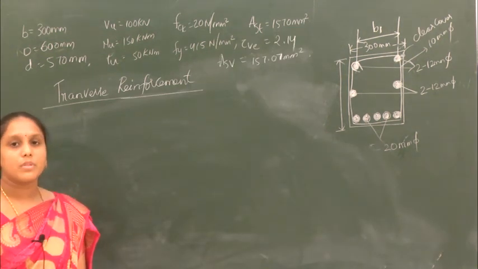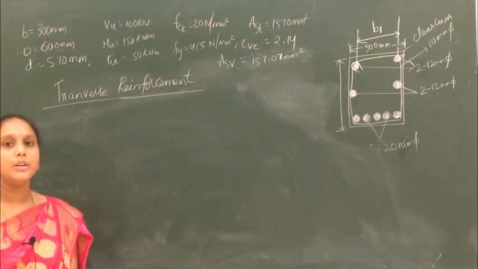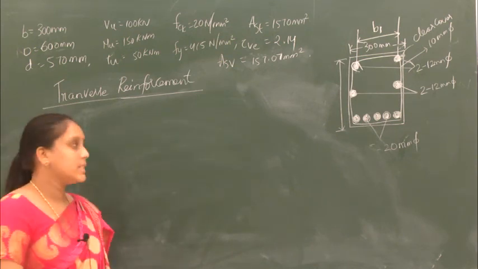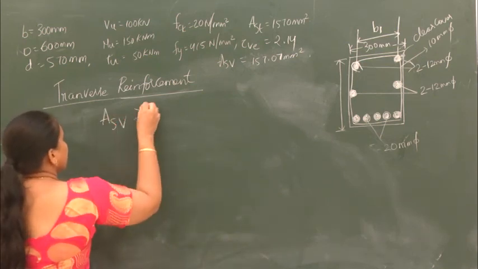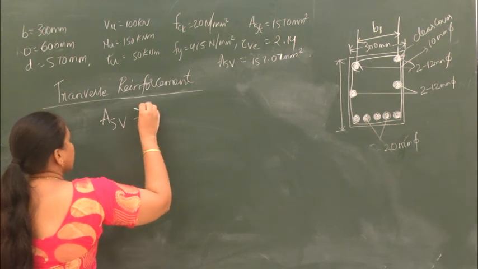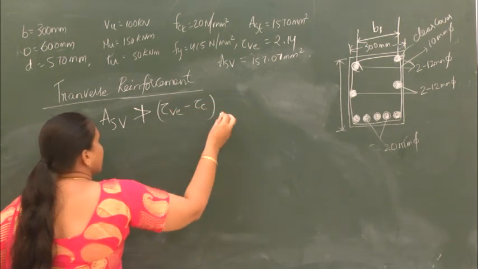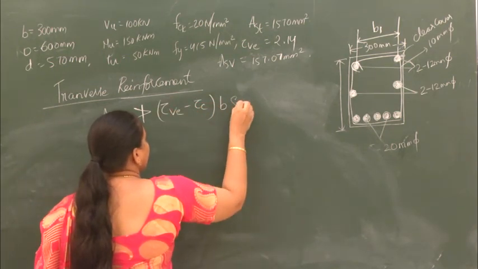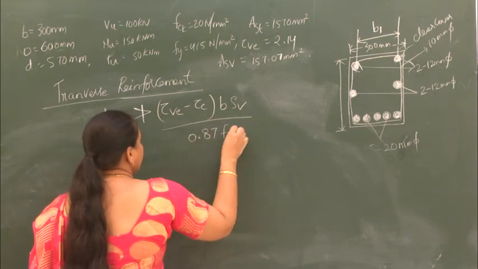Now the total transverse reinforcement that we have provided should not be less than (tau_e minus tau_c) into b into Sv divided by 0.87 fy.